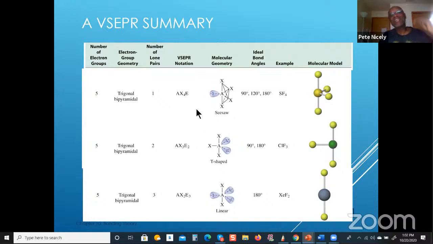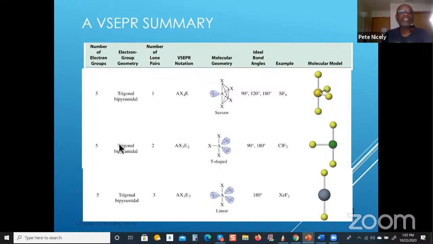So basically to get from the structure that I showed you earlier to this, we simply remove the X from here, leave behind the lone pair, and we end up with this shape. And again, you have different bond angles depending on which two X values you're looking at. A good example of this would be the sulfur tetrafluoride molecule, and this is the molecular model representation of that molecule.